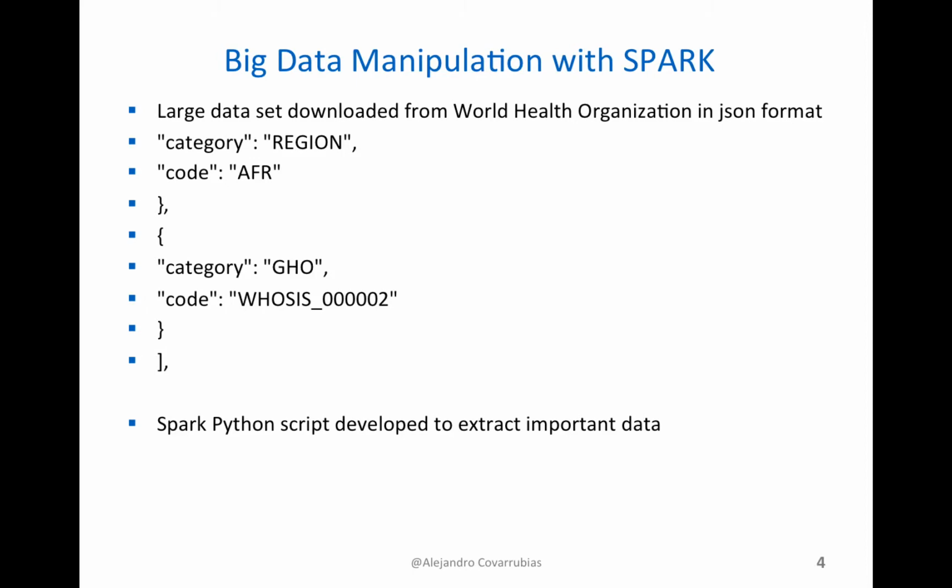You can see you have category, region, code AFR, which stands for Africa, but then you have all of these characters that really don't tell you anything about health. So this is where Spark comes in, and our Python implementation comes in.